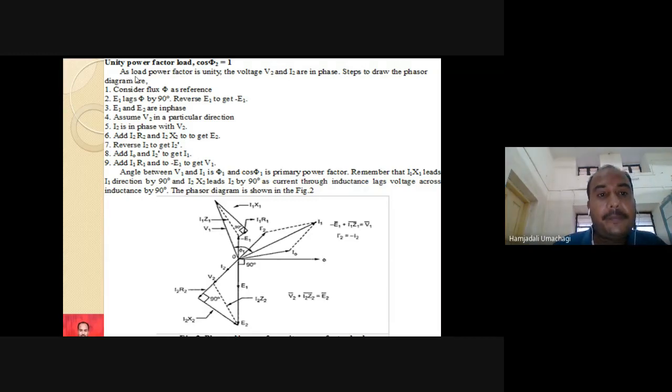As load power factor is unity, the load voltage V2 and secondary current I2 are in phase. Always remember, here we are connecting the load on the secondary side. Yes or no? If we are connecting the load on secondary side, we need to consider secondary side transformer parameters. Which are the secondary side transformer parameters?